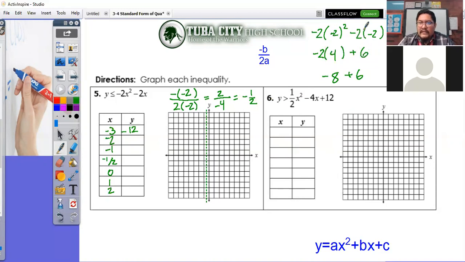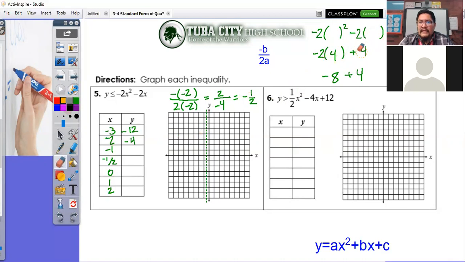So let's see what we got here. Oh, nope, this would change here. So actually I do have to change this. -2 times -2 would be 4. And in this case I have 4 minus 8, which would be -4.